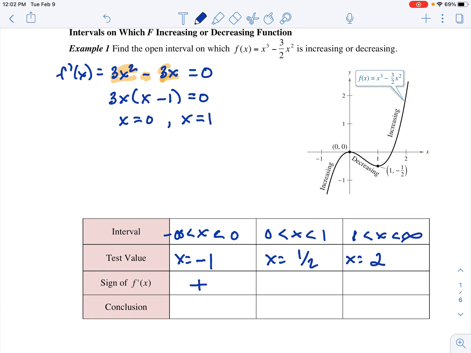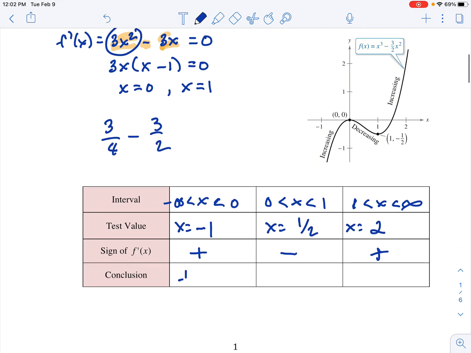Positive. Then 1/2: it's 3/4 minus 3/2, that can be positive or negative. Negative. Then 2: positive. So conclusion: increasing, decreasing, and increasing.